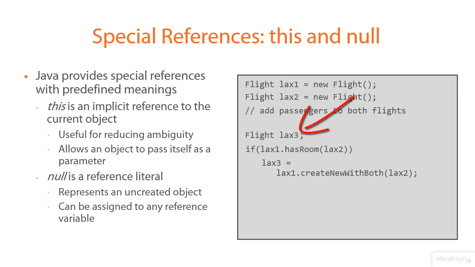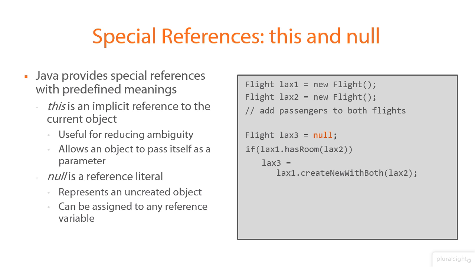Notice that if there wasn't room to combine them, LAX3 could end up potentially set to nothing. We learned earlier that local variables cannot be uninitialized, so we need to initialize LAX3 to something, and we want to initialize it to no object. That's where null comes in. So what we can do here is simply say flight LAX3 equals null. Now it's initialized to point to no object at all.